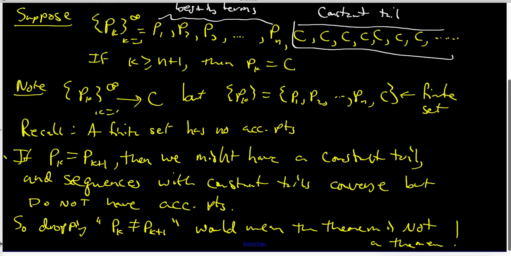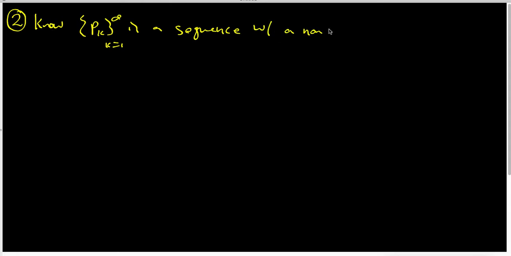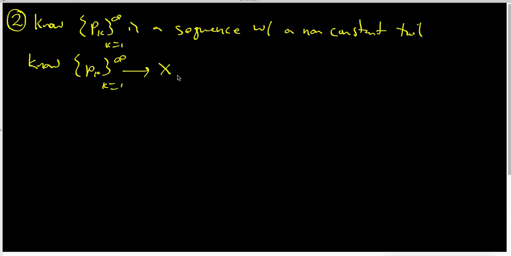Well, let's continue looking at our scratch work. So what's the next point that I want to be thinking about? All right, I now know that I have a sequence with a non-constant tail. And I also know that this sequence converges to the point x.